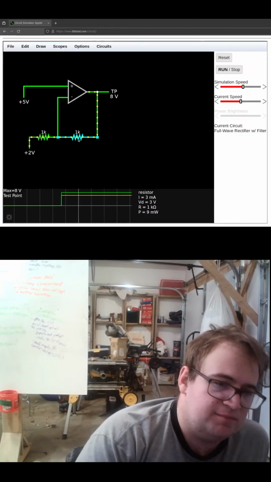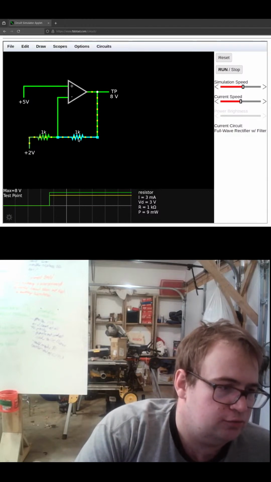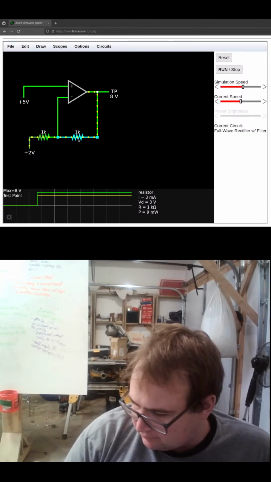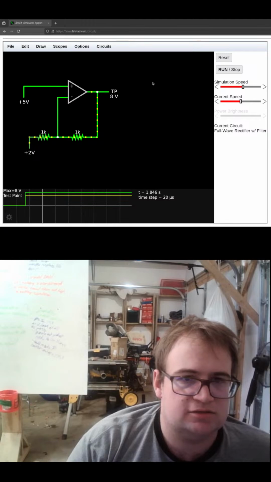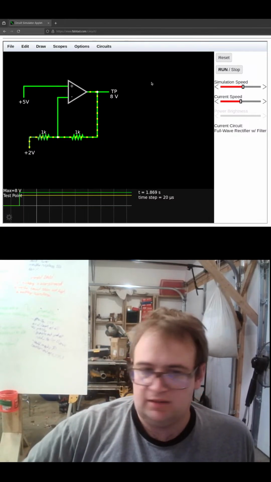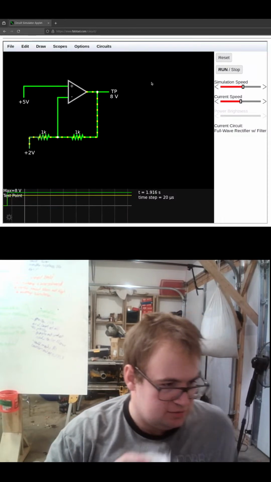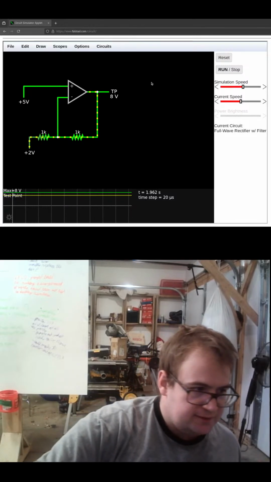The 3 milliamps times 1K equals 3 volts. So, yeah, that's what would happen. Okay. I think we can move to the next one, unless anybody has any questions, comments, or concerns. No?